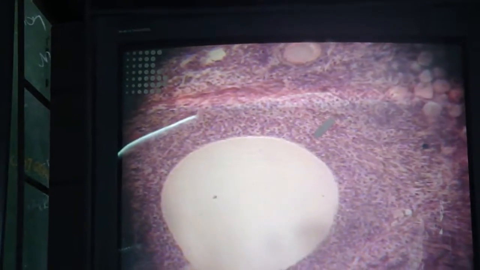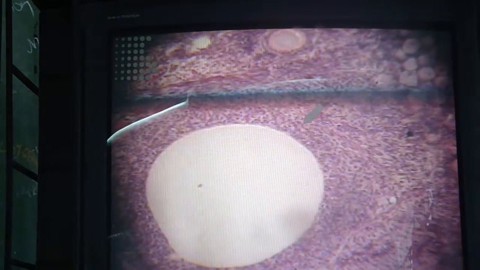Next slide, the ovary. The ovary is actually made up of follicles. It's covered by follicular epithelium or cuboidal epithelium. These are the follicles, but we are not interested in the different stages of follicles. We'll study that next week in oogenesis. This morning we are interested in this one.